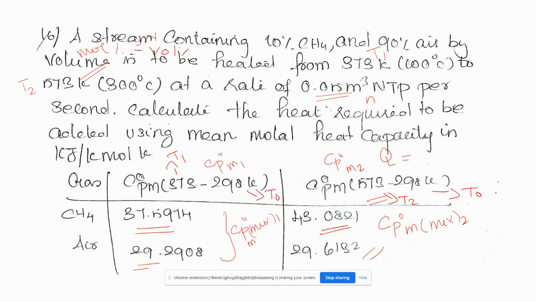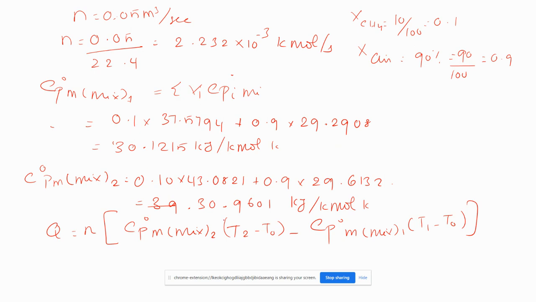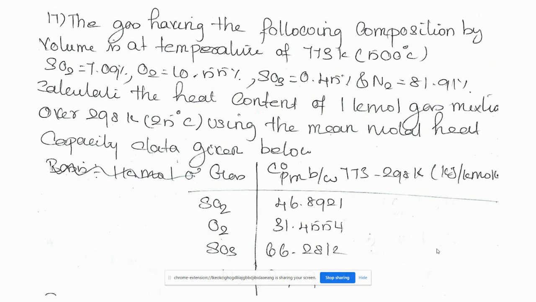Now substitute all the values and you will get Q as 13.961 kilojoules per second, because N is in kilomole per second already. So the final answer will be 13.961 kilowatt.